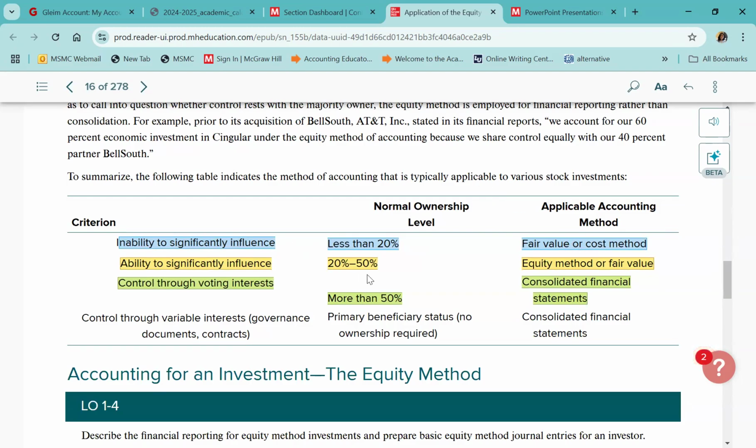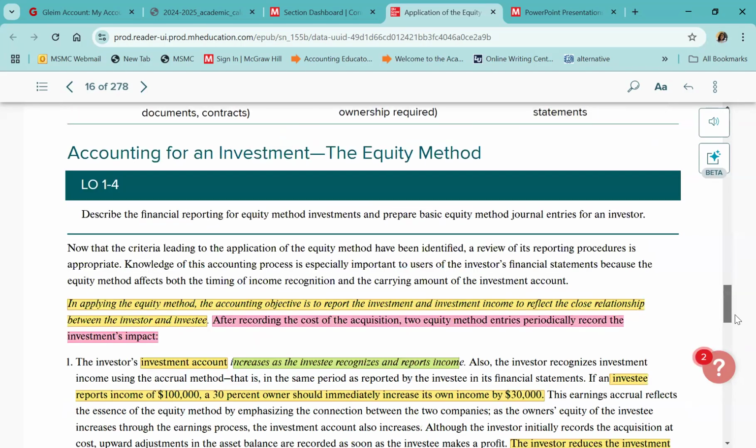If the investor owns between 20 to 50%, the investor may have the ability to exercise significant influence, and we will use the equity method. And if the investor owns more than 50% of the common stock, then they have control over the investee through voting, and we will use the consolidation method.